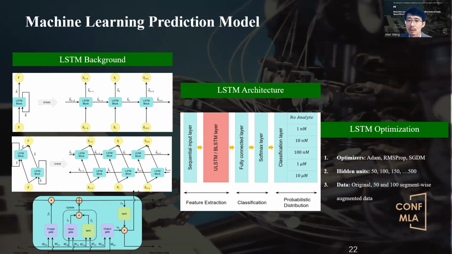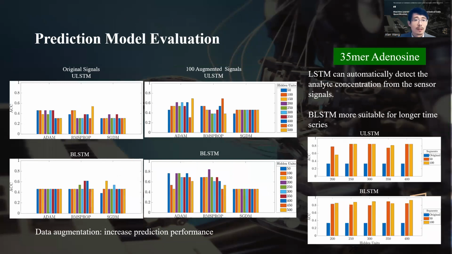Basically, the structure is based on long short-term memory. But regarding the LSTM model, there could be different optimization options, for example, optimizers, hidden units, and other options regarding the original and augmented data. So this is our model evaluation results, including the original signals and also the augmented signals.